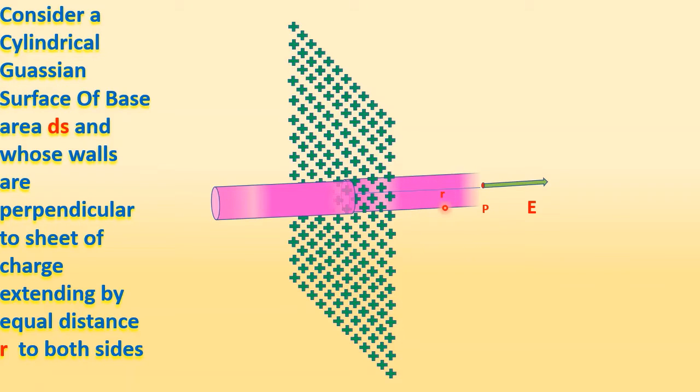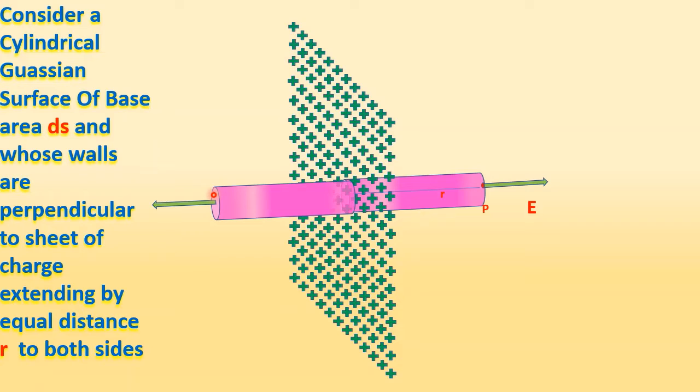Here we are considering a cylindrical Gaussian surface which is passing through this charge sheet. It has two base surfaces.